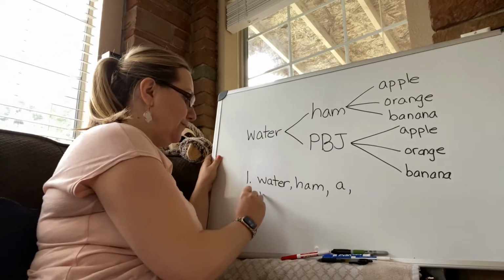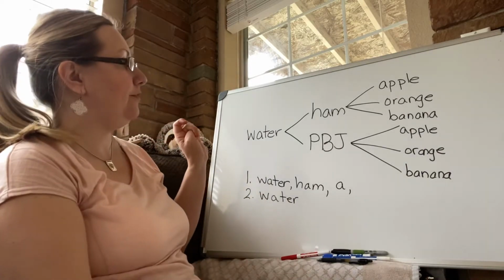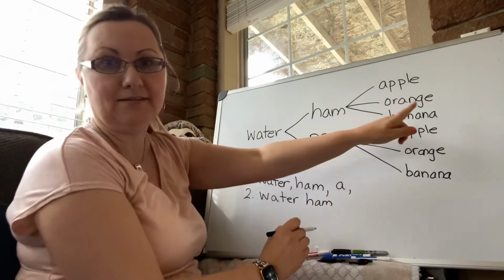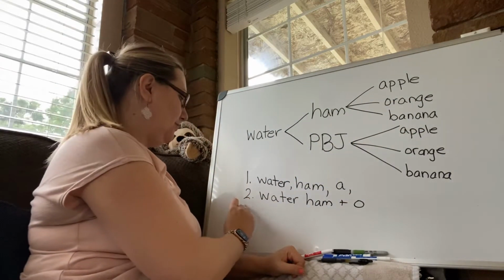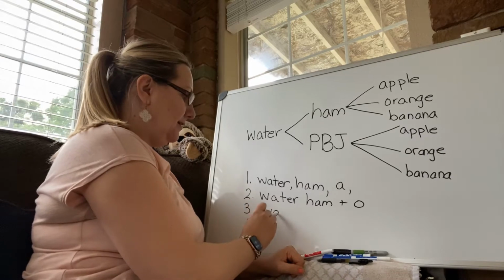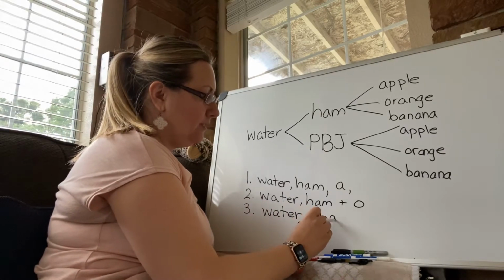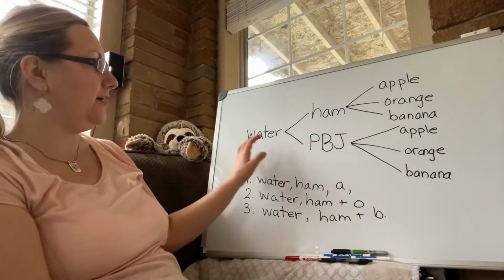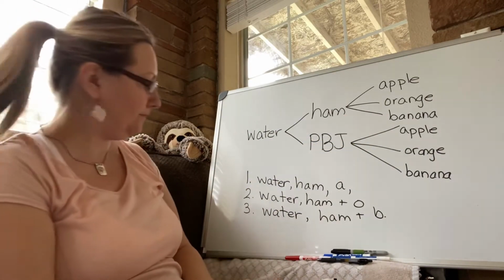Number two is water with ham and, you guessed it, an orange. And thirdly, Landon can have water with a ham sandwich and a banana. So far, just with the ham sandwich, there are 3 combinations, right?